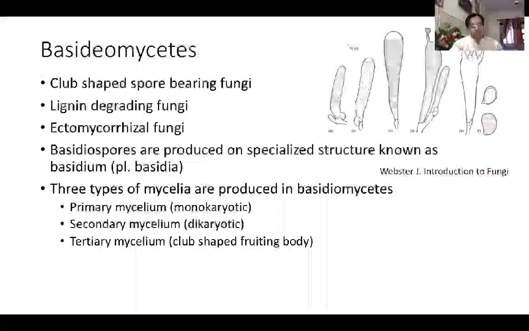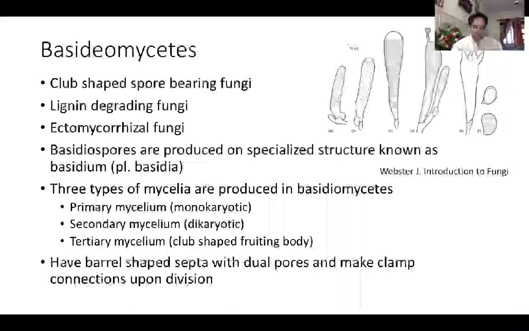And then tertiary mycelium contains the club-shaped bodies, or mushroom-like bodies, on which the basidiospores are produced. Another important character of Basidiomycetes is the presence of barrel-shaped septa in mycelium.